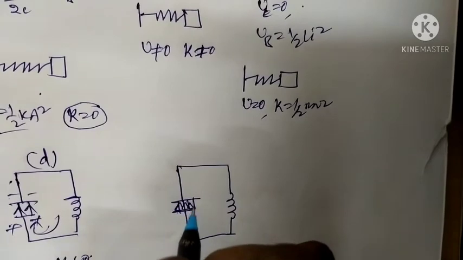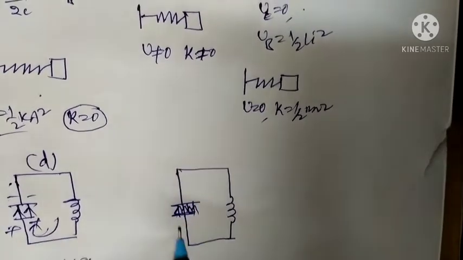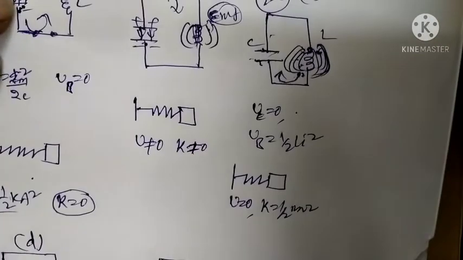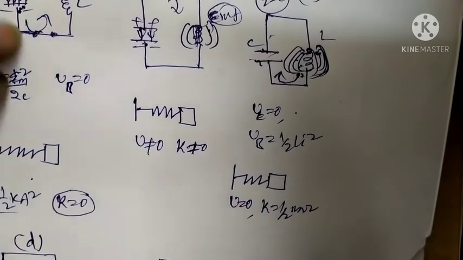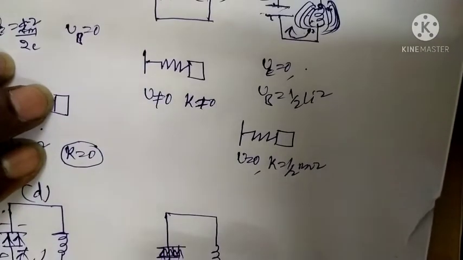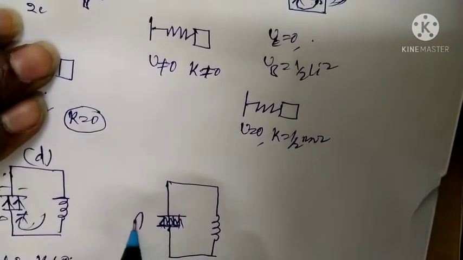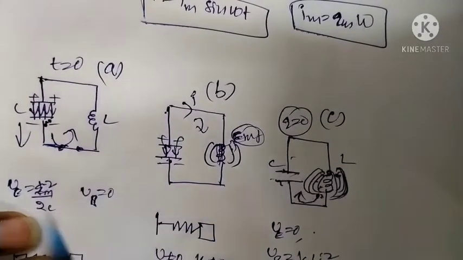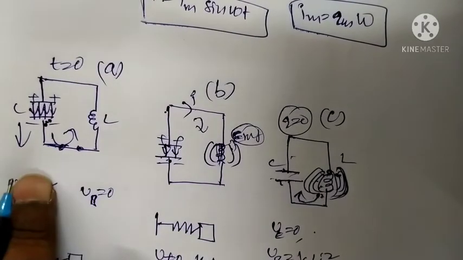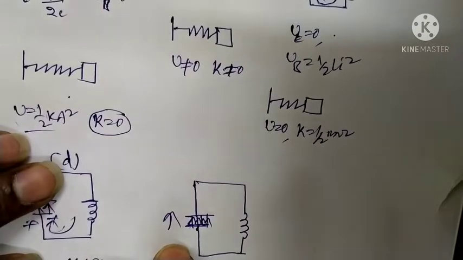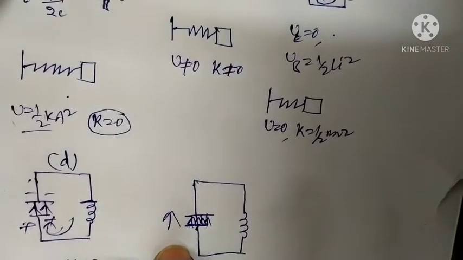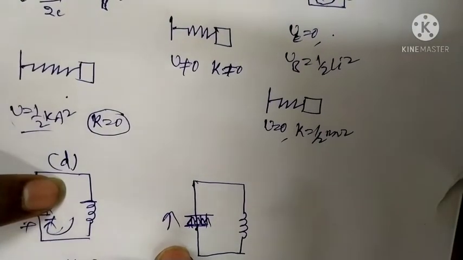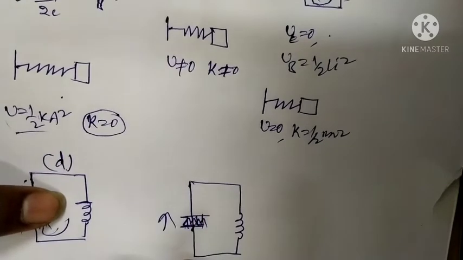Here the charge carriers are present, but compared to the first case, the charge carriers are in the downward direction, and these charge carriers are in the upward direction. That is, the first case compared to the fifth case is in the opposite direction.